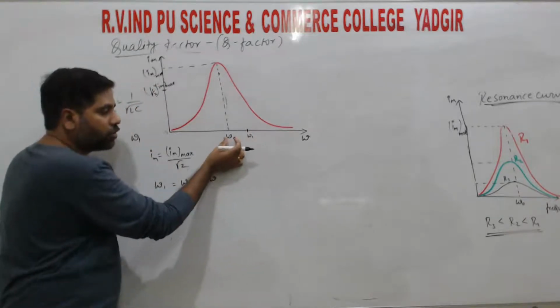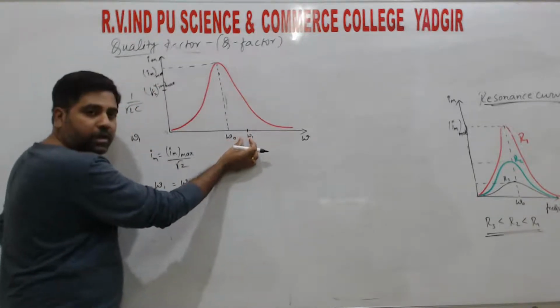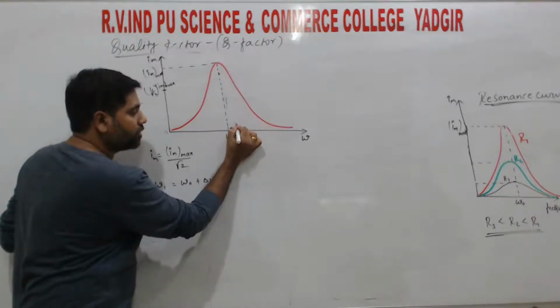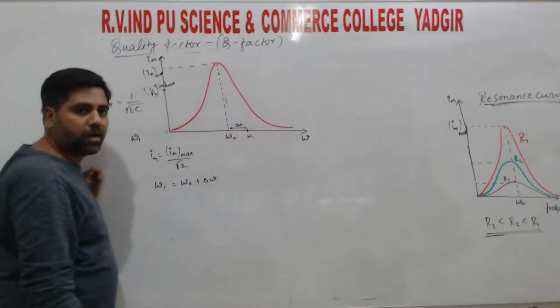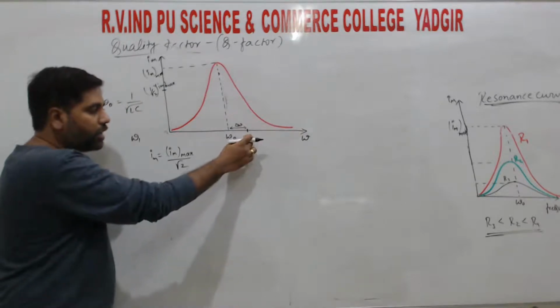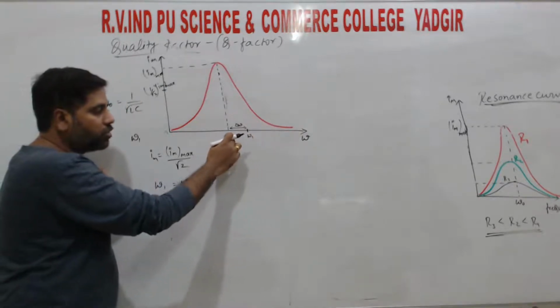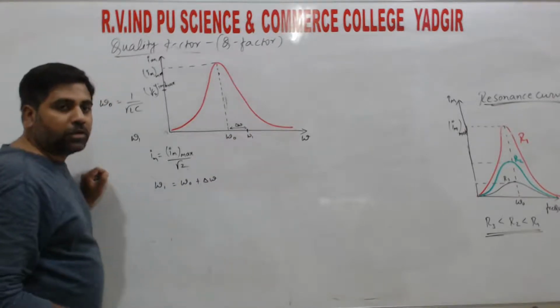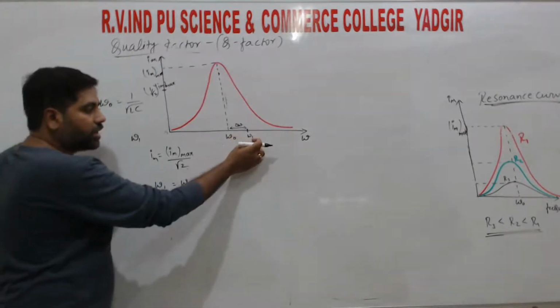That means this change in frequency is delta omega, right? So omega 1 is greater than omega naught.